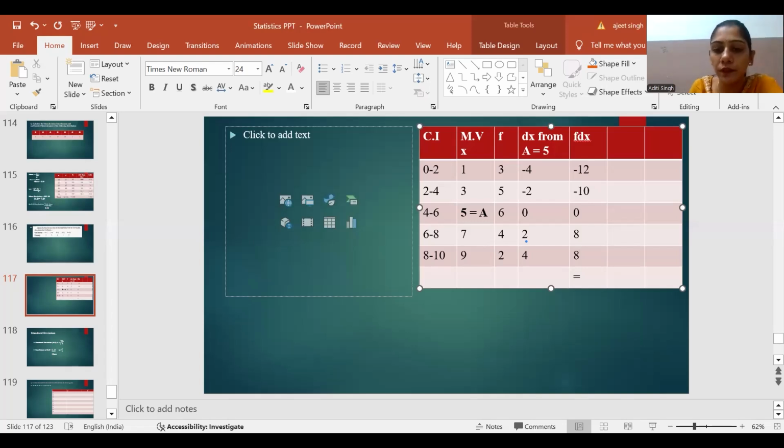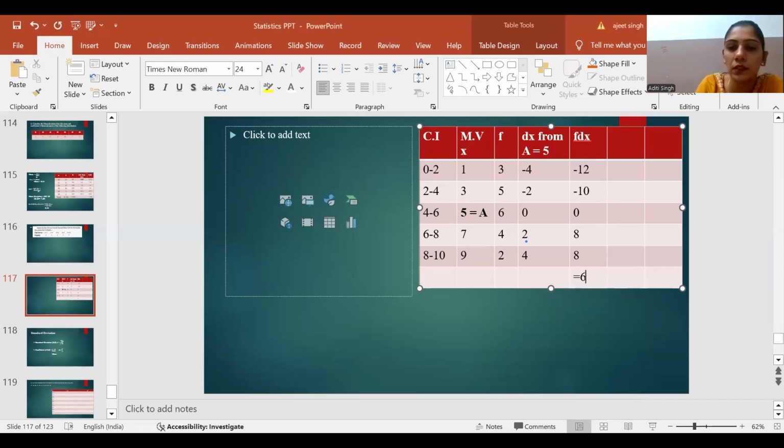So the sum is minus 12 minus 10 plus 8 plus 8, so the value is 6.